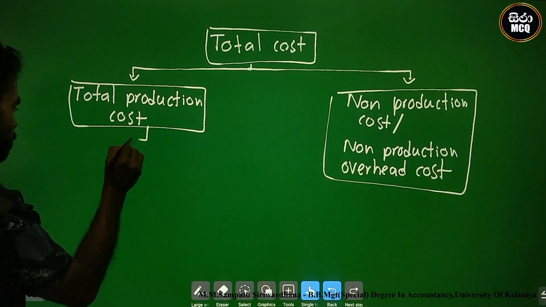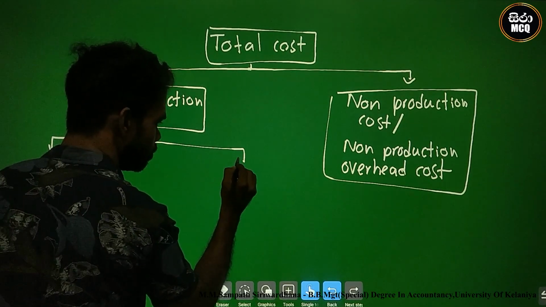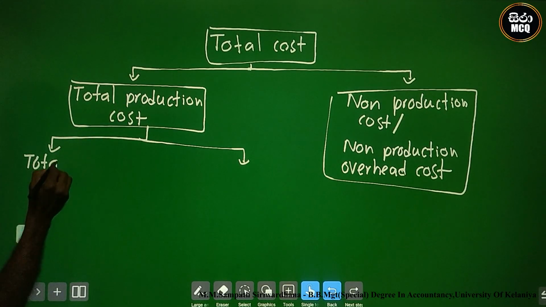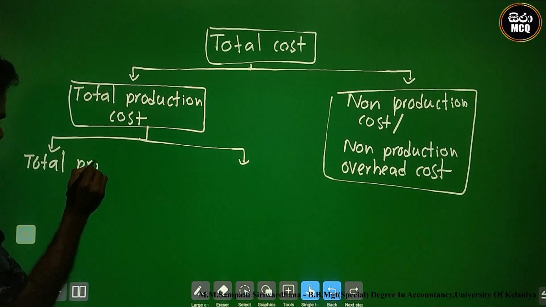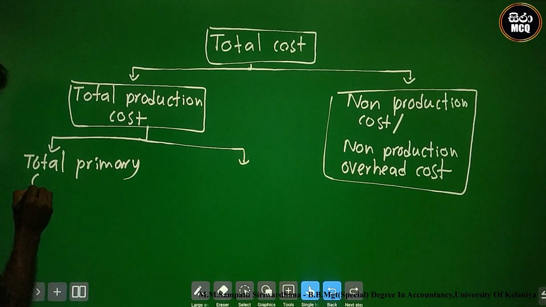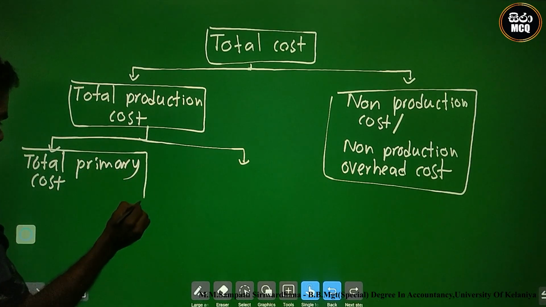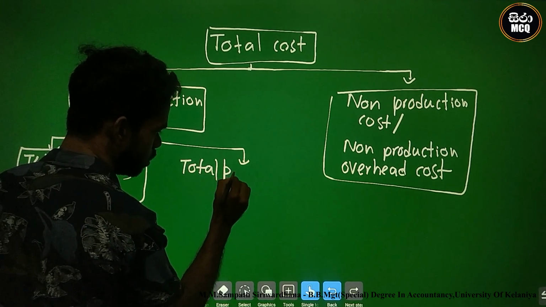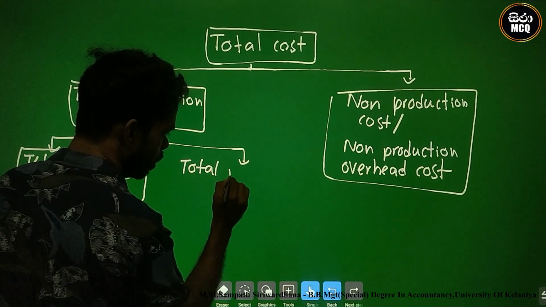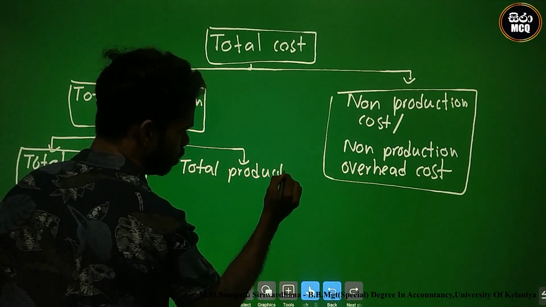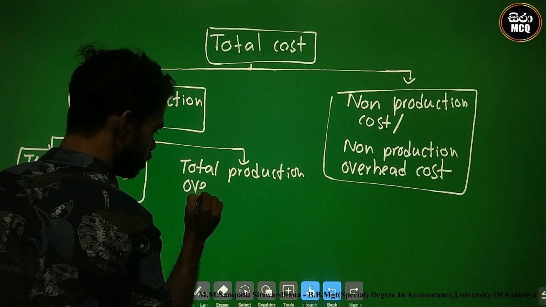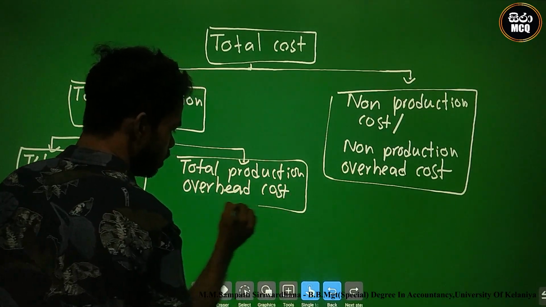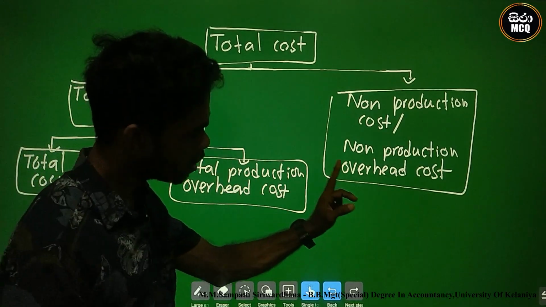After that we can classify the production cost again: total primary cost, which is a production cost categorization, and the other thing, total production overhead cost. This is the production overhead cost, and this is the non-production overhead cost.